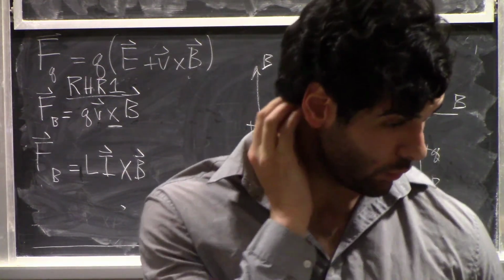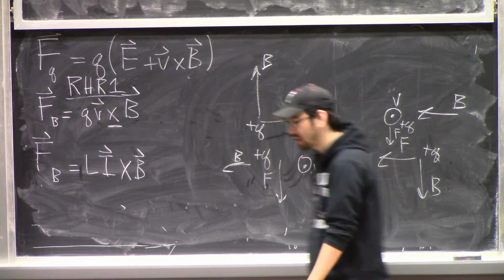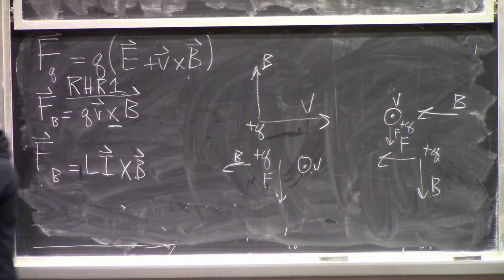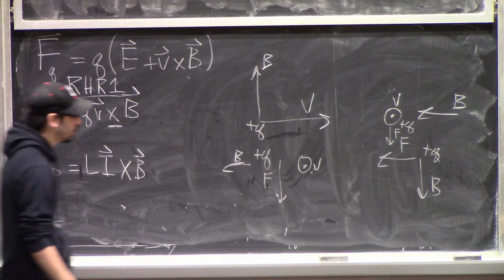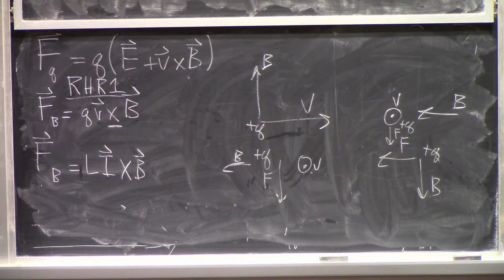Last one. I tell you what the direction of the force is and what the direction of the magnetic field is. What does the direction of the velocity have to be? So, thumb in the direction of force. Now this one's kind of weird because I need to have my fingers curling in some direction so that that direction is down.